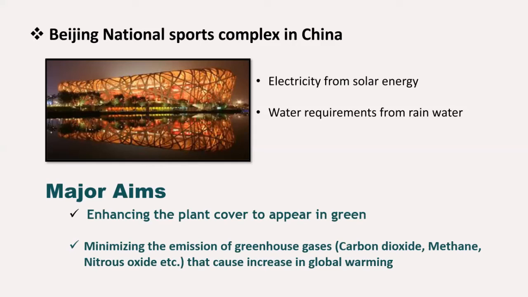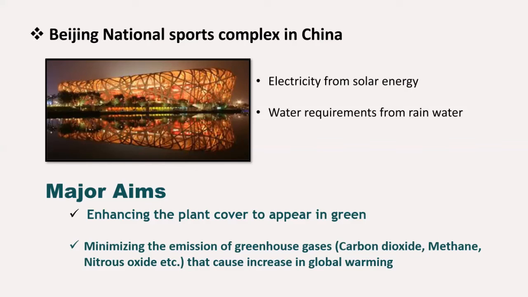If you observe the places we discussed before, you would see that they have used energy from renewable energy sources rather than petroleum fuel, thereby decreasing the emission of greenhouse gases.